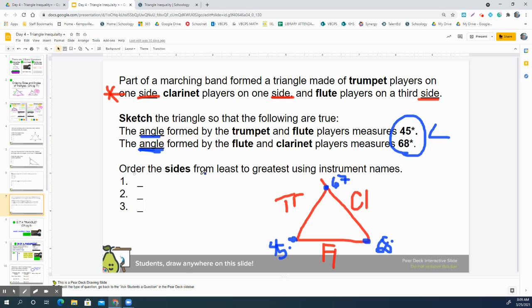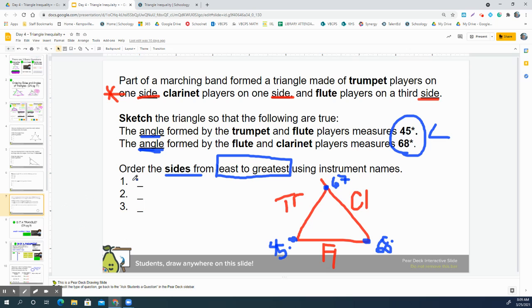So now if I order the sides from least to greatest, so again, reading is important here. It's one of my least favorite activities, if I'm being honest, but it is a must. Least to greatest, what is my smallest side? What has the fewest band members, or the ones that are squished closest together?